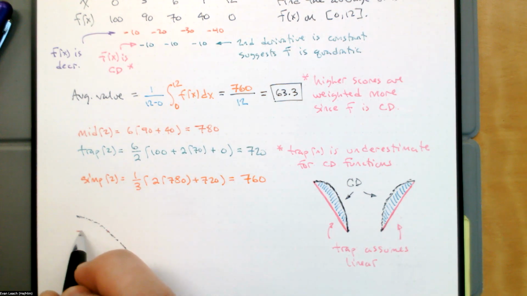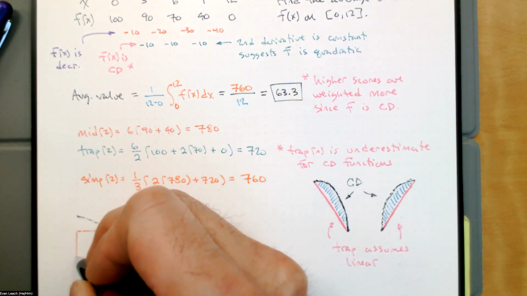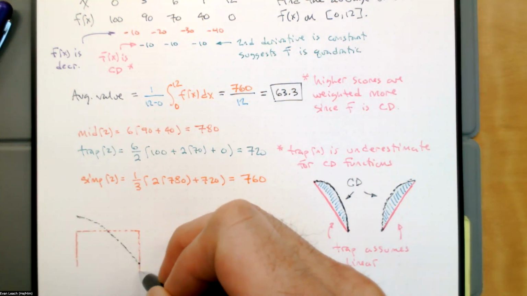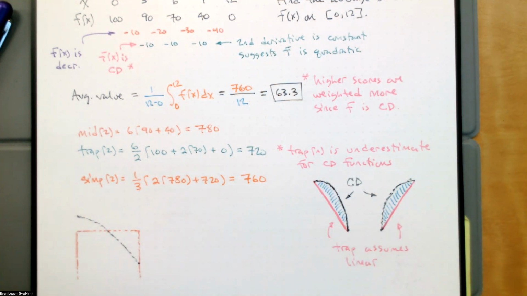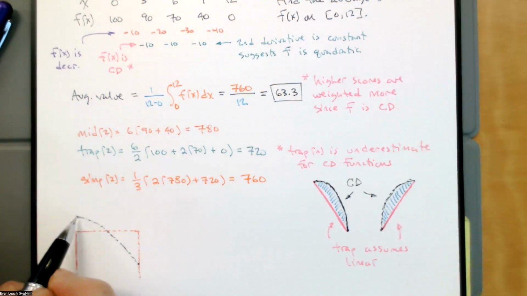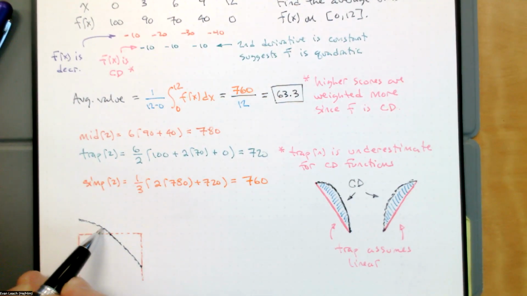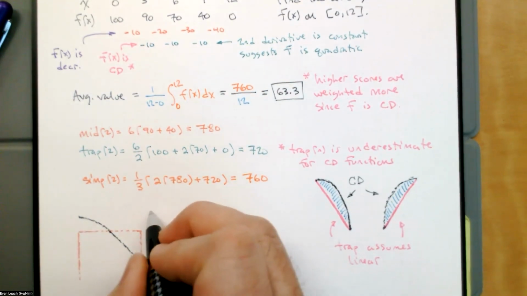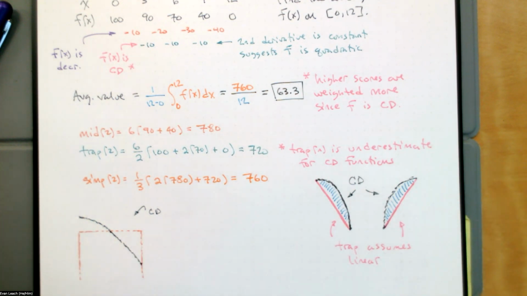I used red before, so I'm going to use red again. So here's our function being concave down.